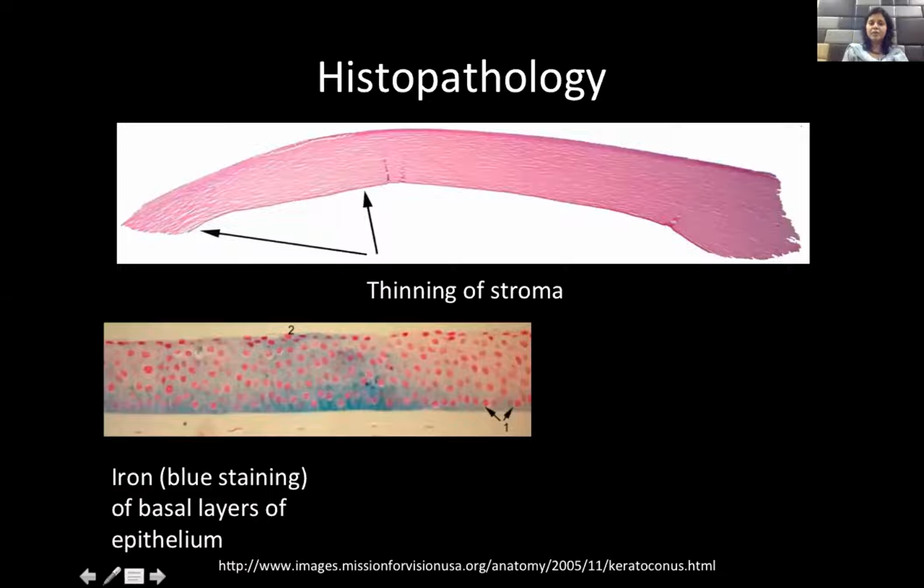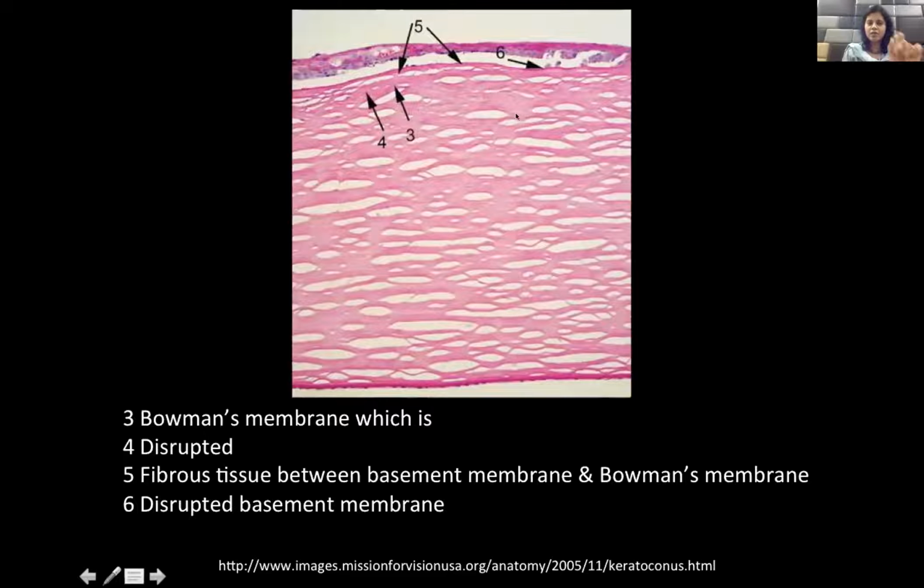So in terms of the pathology, when you have an abnormal keratoconic cornea, you can see that the stroma here is thinned if you look at the arrow. Then if you look at the epithelium, there may be iron deposits in the epithelial layer. These clinically are seen like Fleischer's ring when we come to the signs. These are the specific words when you describe the pathology of keratoconus.